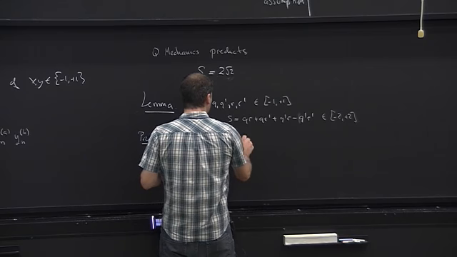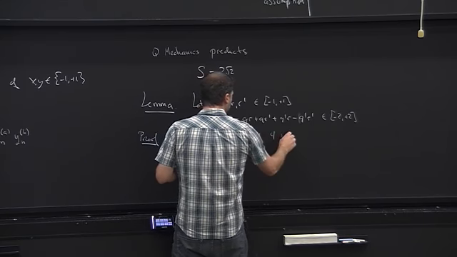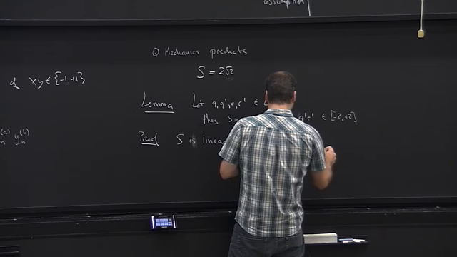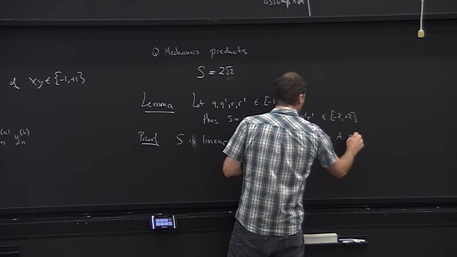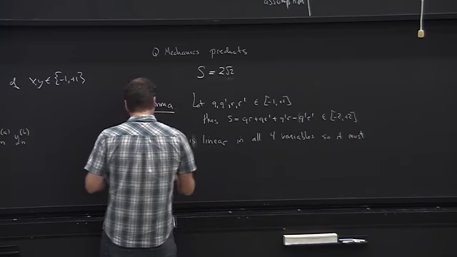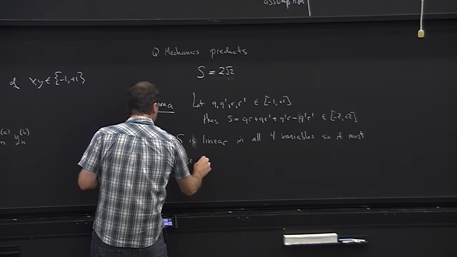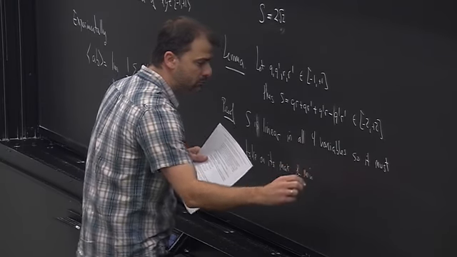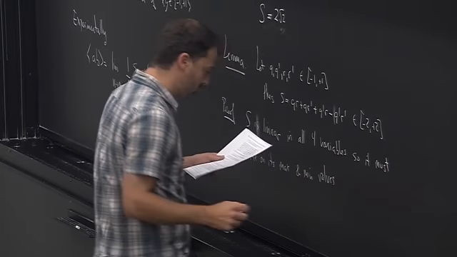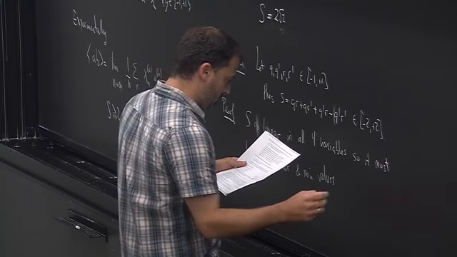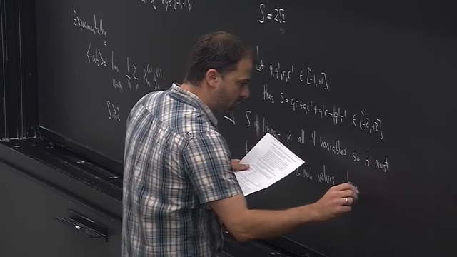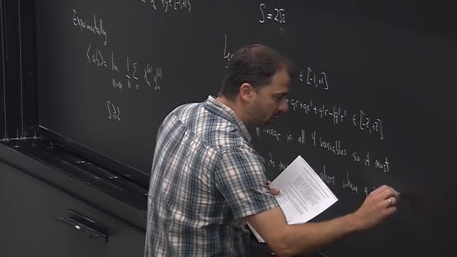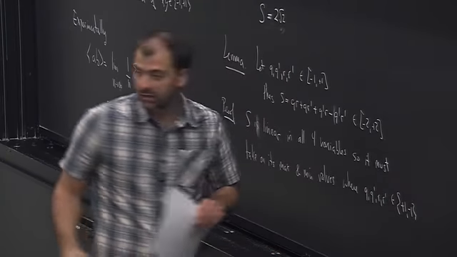S is linear in all 4 variables, so it must take on its maximum and minimum values where each of Q, Q prime, R, and R prime takes on extreme values.